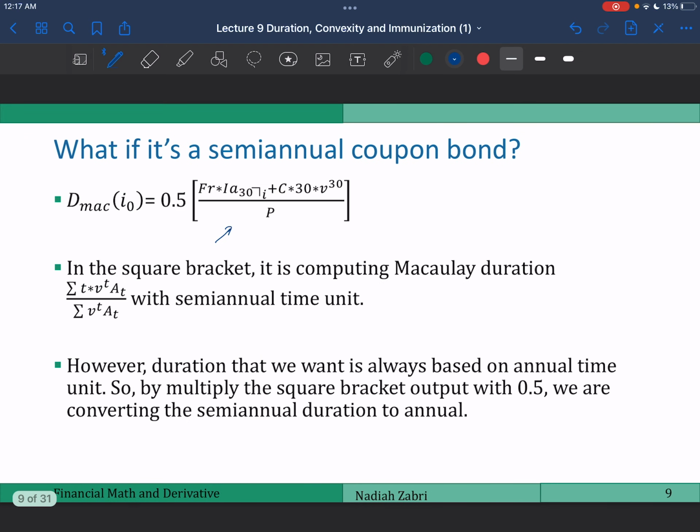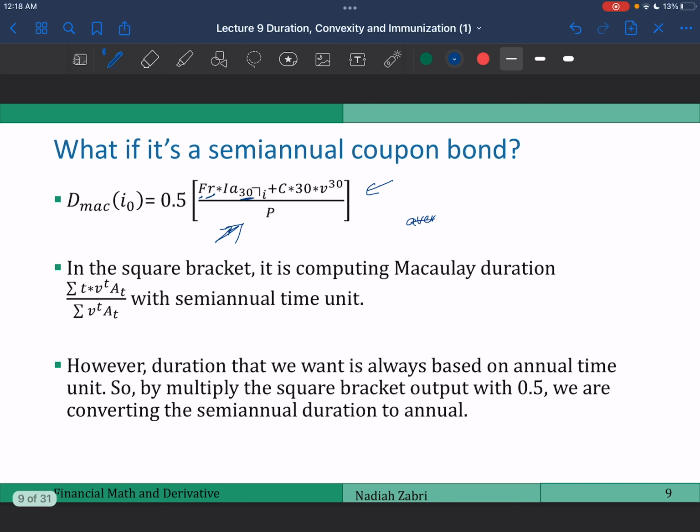However, in this formula, our unit period is semi-annual, so our R is semi-annual, our N is also in semi-annual unit period and not annual, right? So when we compute this, we are getting the weighted average duration in a semi-annual term.